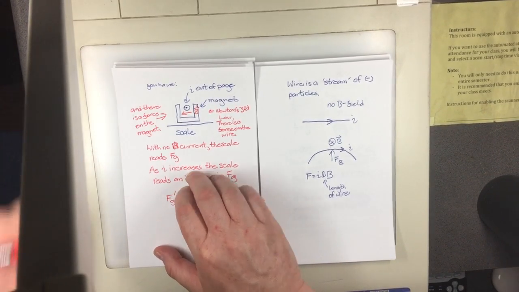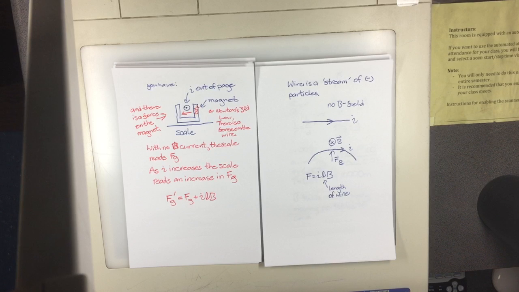So you put in the current and the B field interact. The B field tries to push up the wire, but the wire is attached to a mount. And so instead of the magnet pushing the wire up, effectively the wire is pushing the magnet down. And what happens when you push down on an object? The normal force increases and you see a heavier weight.